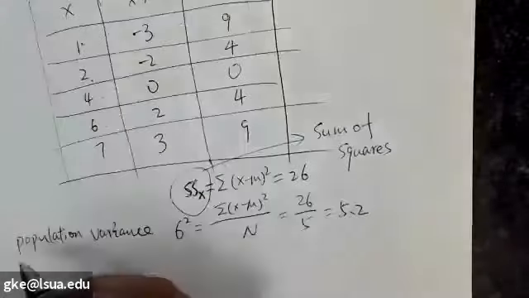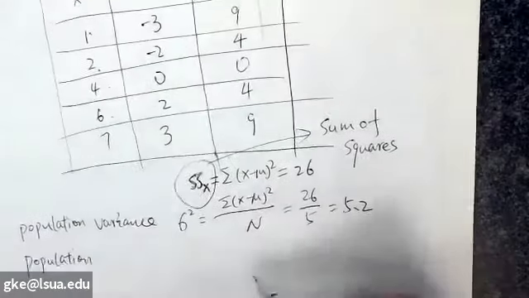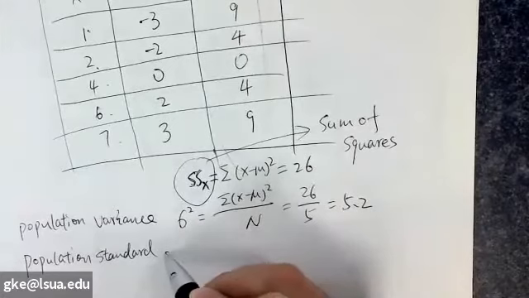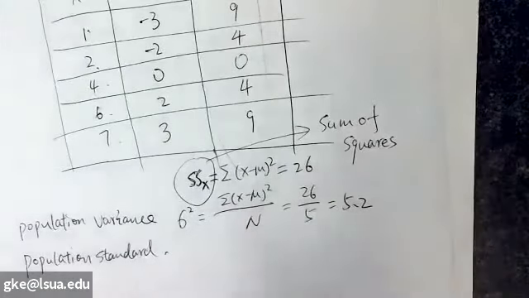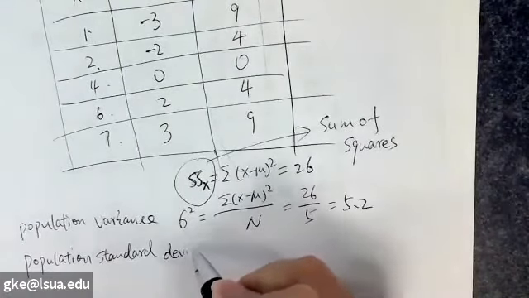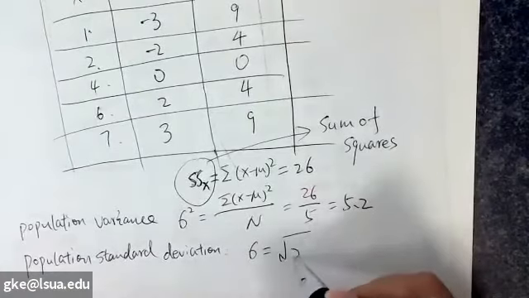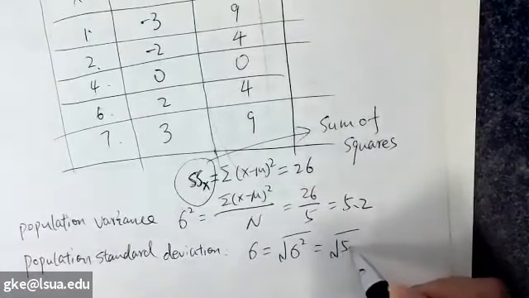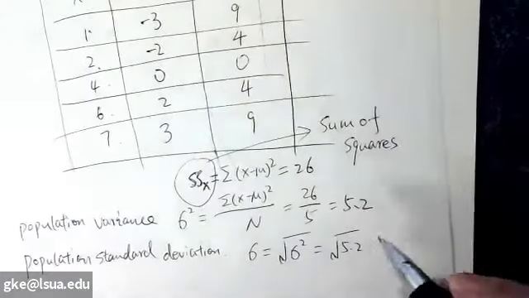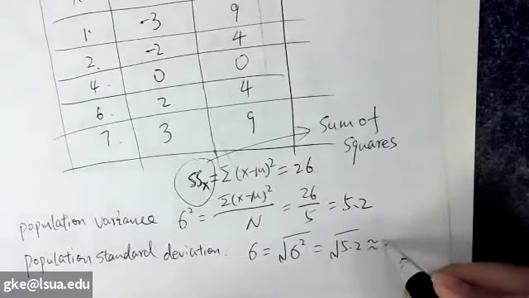Okay. And the population standard deviation, we have sigma, just do the square root, and we're gonna get the answer, about 2.28, okay, 2.28.